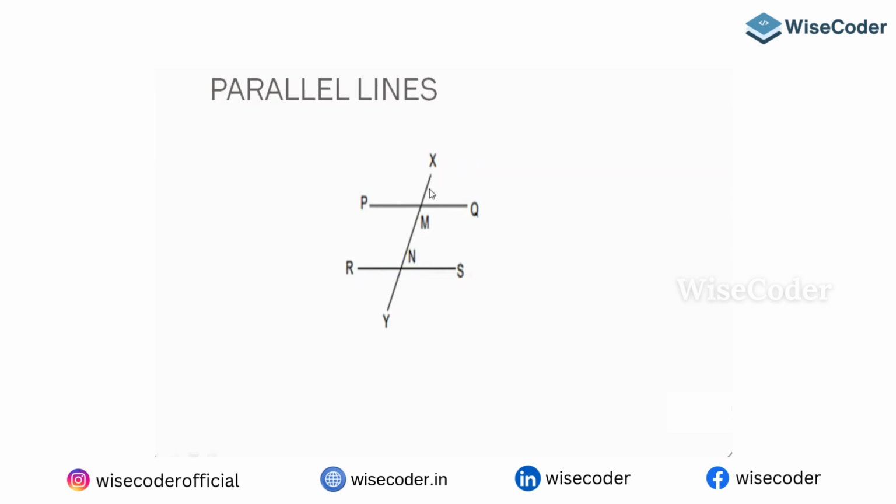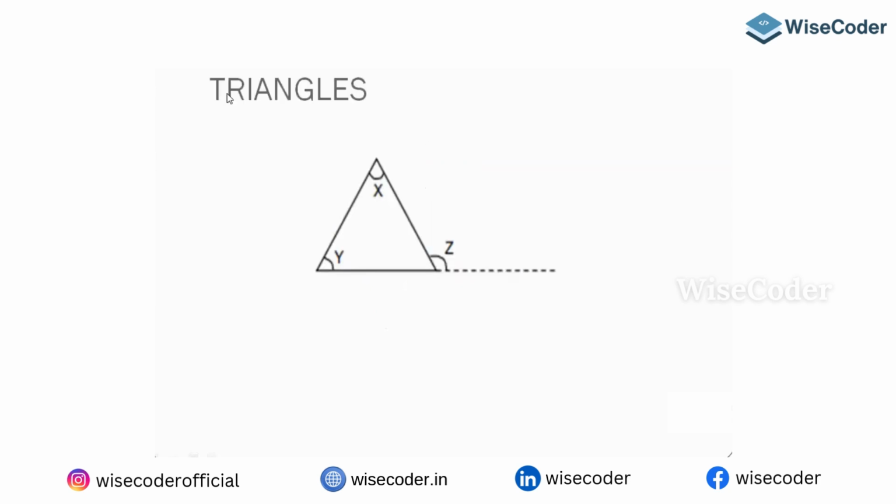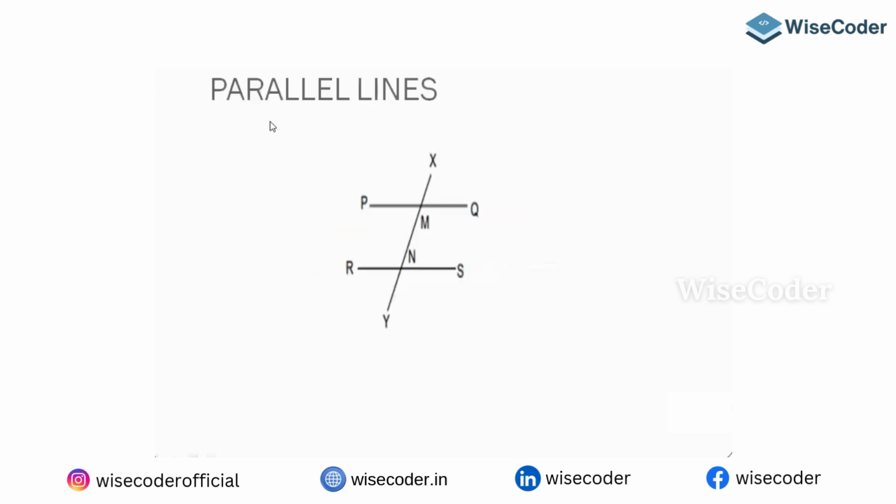So this XY, we call it a transversal. When XY cuts two parallel lines PQ and RS, that is a transversal.